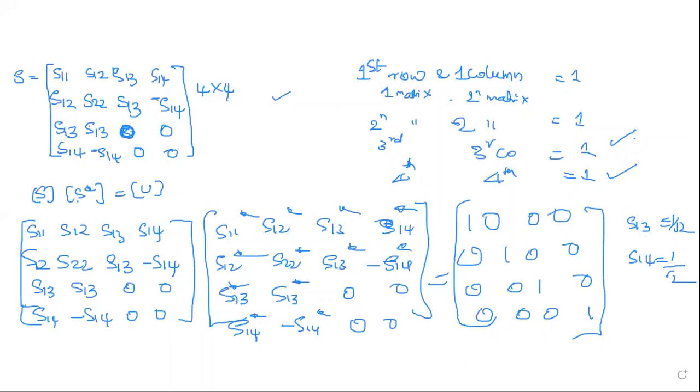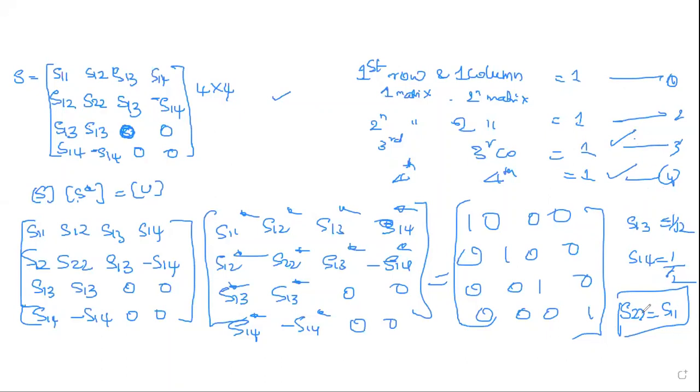Once you get both the values, compare your equation 1 and 2. You will be able to get that S22 is equal to S11. You will get this equation if you equate 1 and 2. This will be 1, 2, 3, 4. From 3, you will be getting S13. From 4, you will be getting S14.